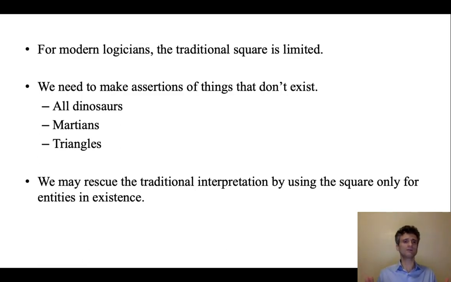But that's not what I mean. When I say Martians are green, I don't mean there exist Martians and they're all green. That's not what I want to say. I don't want to say that they exist.